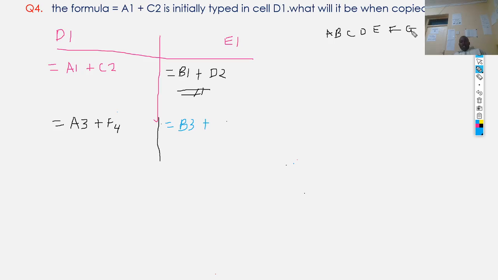I'll reach G. So it will be plus G. Then I look at the number from 1 to 4. 3 has been added. Now from 1 again, we also add 3 to get 4. So the formula in E1 would be B3 plus G4.